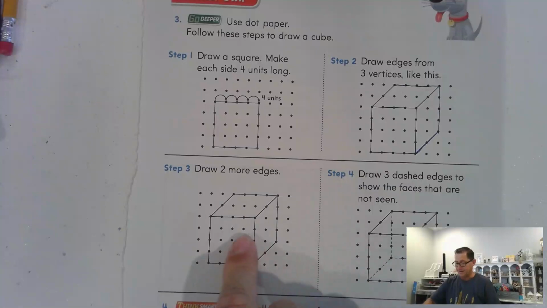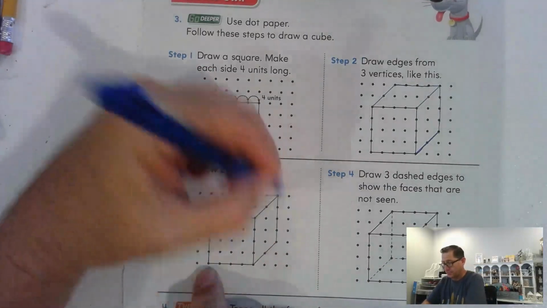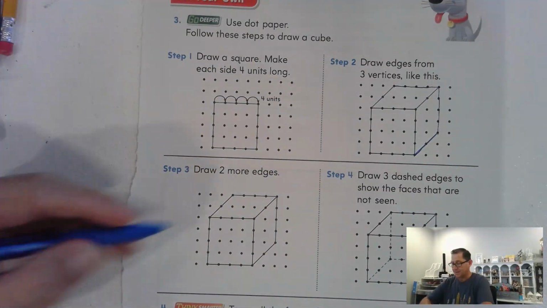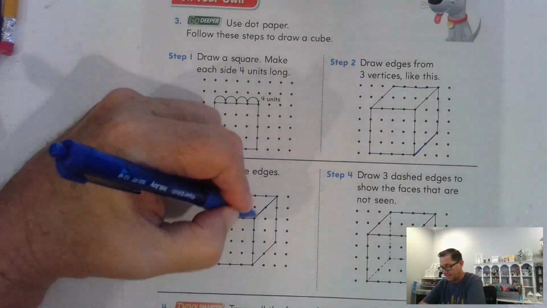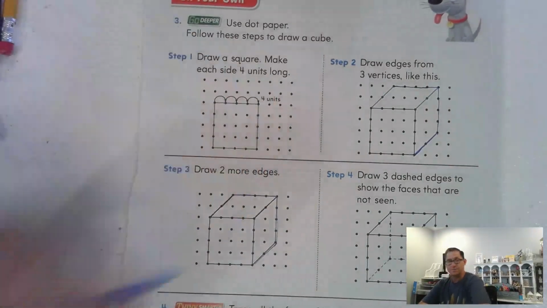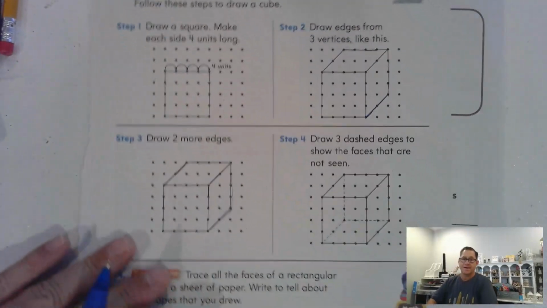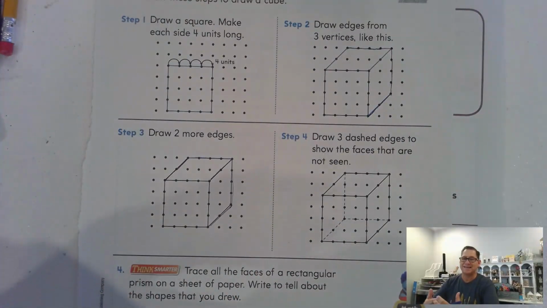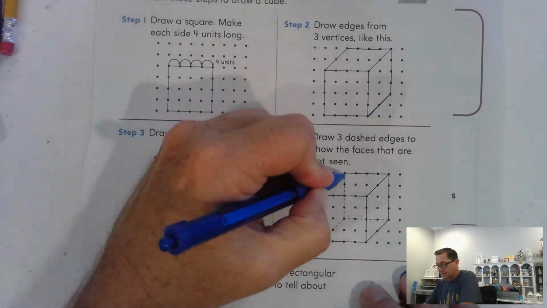That's what they did here. They drew in the edges, and then we connected the edges we drew. Now, we need to show the side that technically we can't see. It's behind the front face, and so we use dashed lines for that.